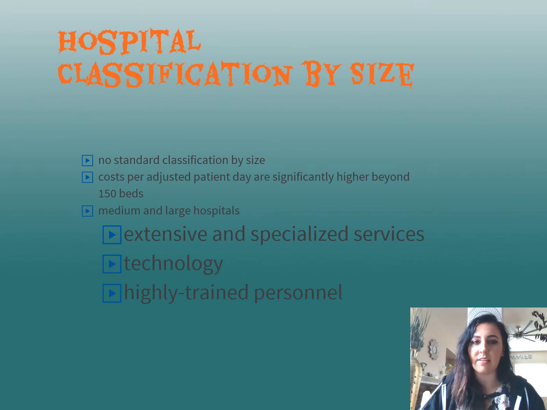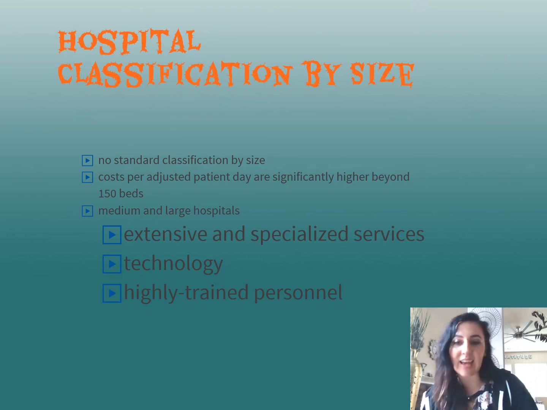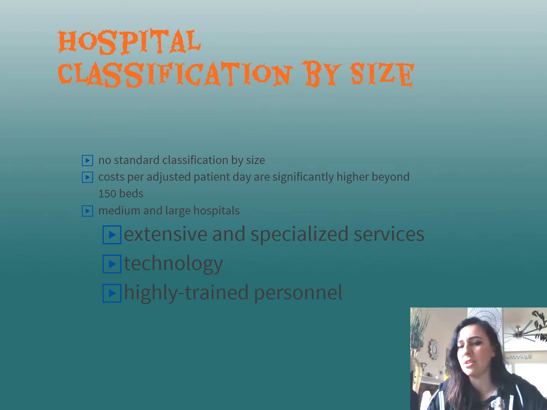Now looking at how we can classify hospitals by size. Really, there's no actual standard for classifying hospitals by size. What you're going to hear a lot when you get out there and start working in healthcare is not necessarily big hospital, small hospital, or medium or regular, venti, grande, anything like that.